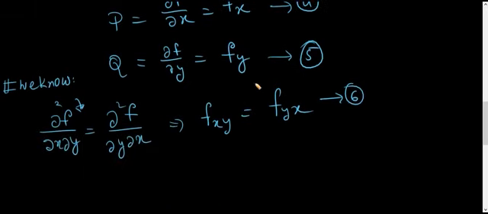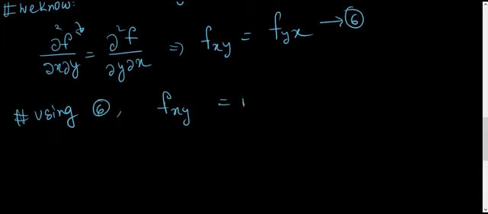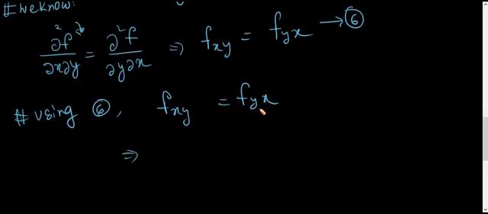So using 6, you have your f_xy is equals to f_yx, right? So let's write them like this. But what was f_x? It was p. So f_xy, that is this mixed derivative, will be now p_y, right? That is partial derivative of p with respect to y. Similarly, it will be q_x.